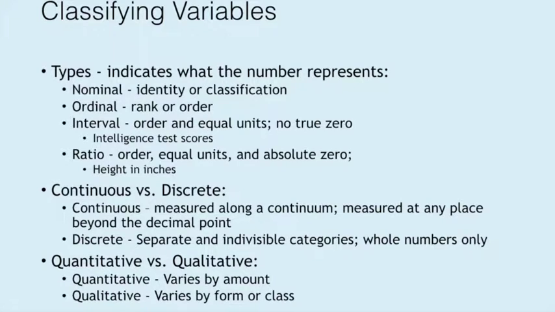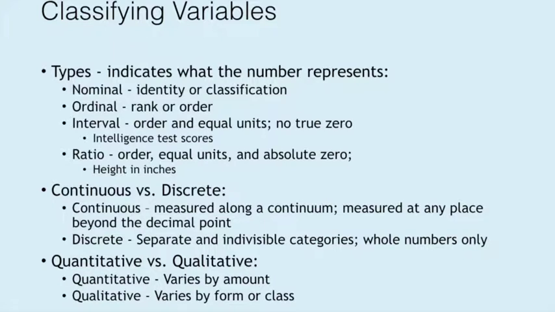Another way to think about variables is continuous or discrete. So continuous would be measured along a continuum at any place beyond the decimal point. Discrete would be separate and indivisible categories, whole numbers only. Then another way to look at variables would be quantitative or qualitative.